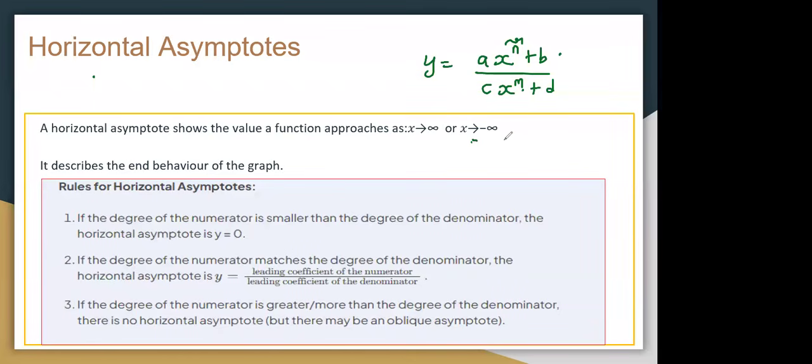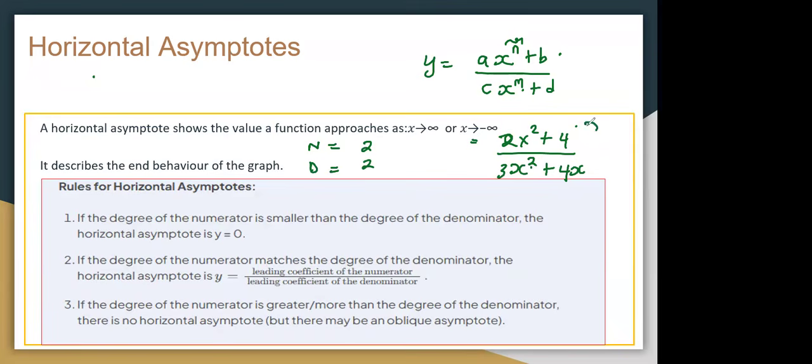Take an example, something like this: 2x squared plus maybe 4, out of 3x power 2 plus 4. For such a case, my highest degree in the numerator is 2. You look out for the highest degree. Even if I add 4x in the denominator, the highest degree is also 2. So in the numerator, the highest degree is 2, and in the denominator, the highest degree is 2.